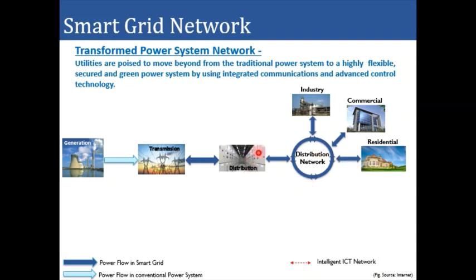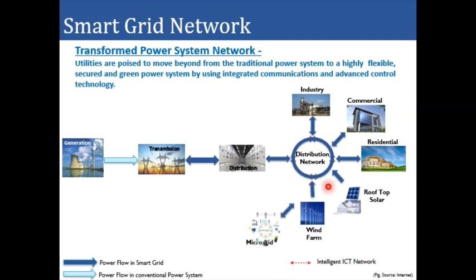So a lot of changes we need to do in the power system network, particularly the protection, because the relays now have to see the bidirectional power flow rather than the unidirectional power flow which they used to do earlier. So that is the major change which we will see in the smart grid network.